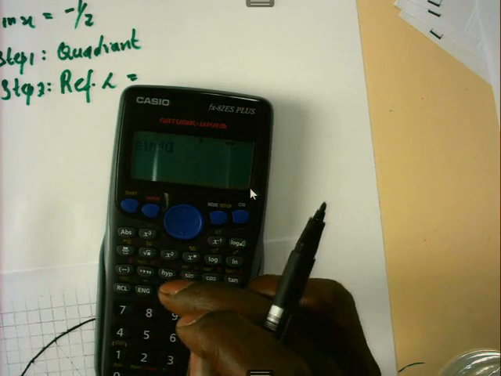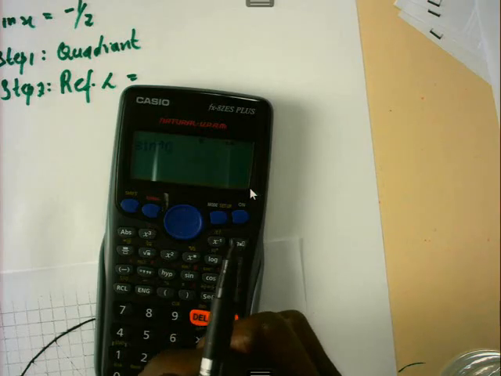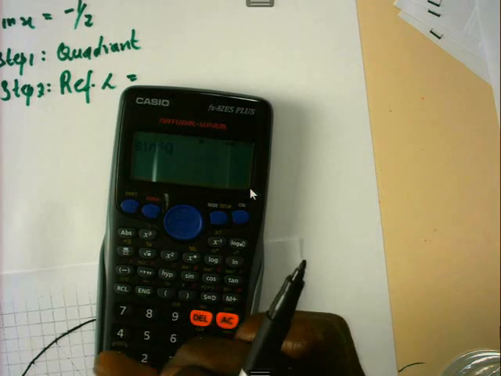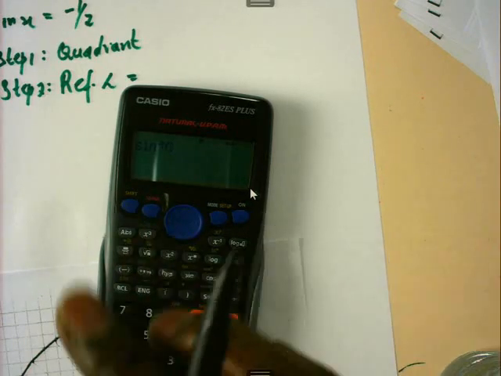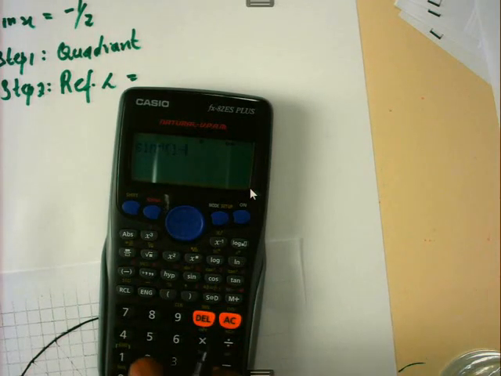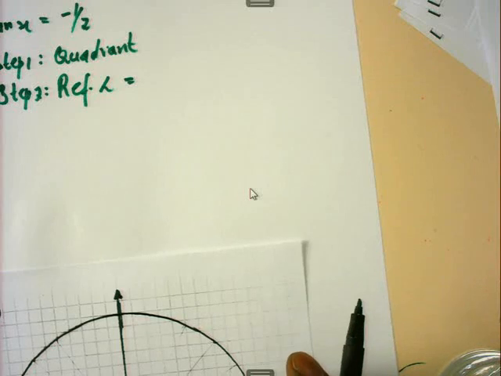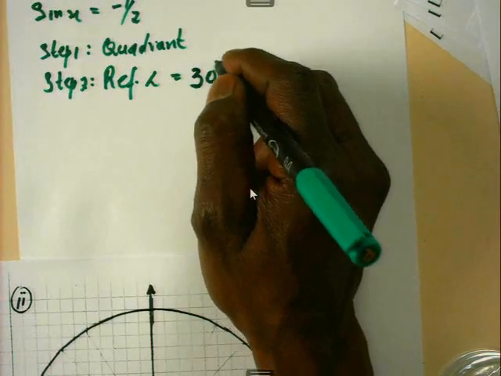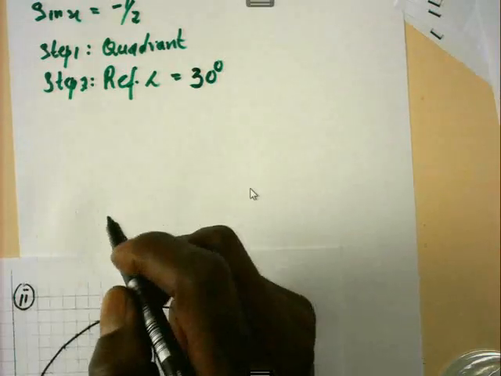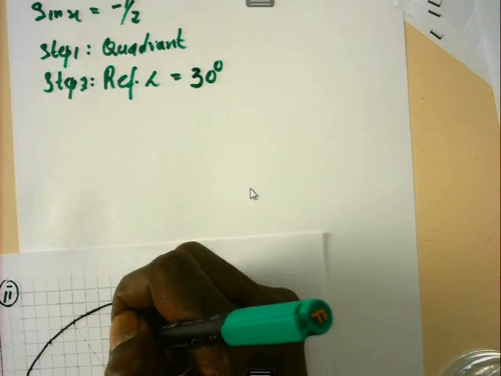I'm not allowed to do that because I've already used the negative sign in step number 1 where I was identifying the quadrant. So I need to press just 1 divided by 2 and then the equal sign. My reference angle becomes 30 degrees. Right. Is 30 degrees the solution for that problem? The answer is no.